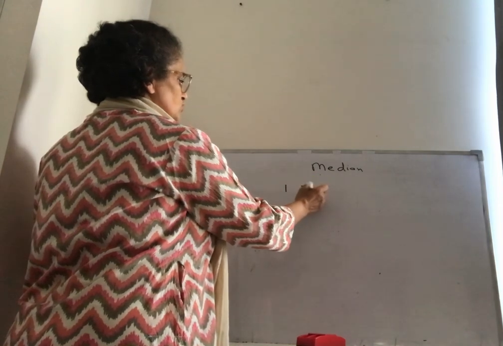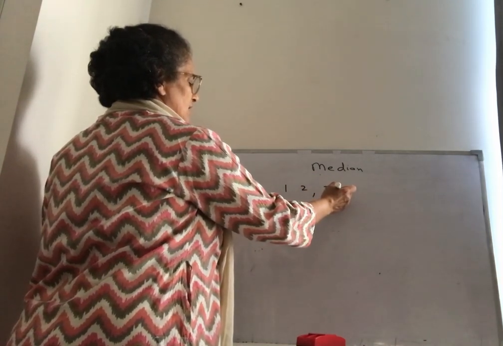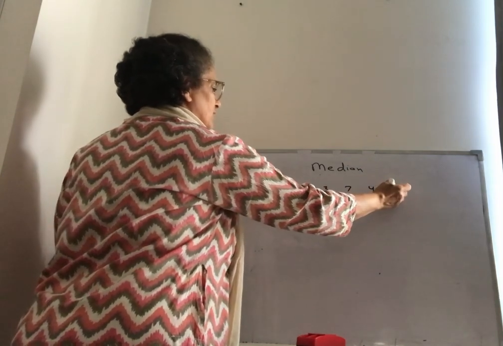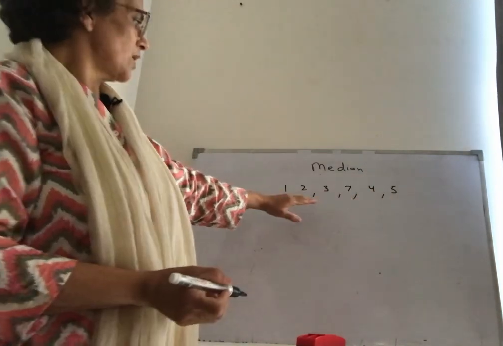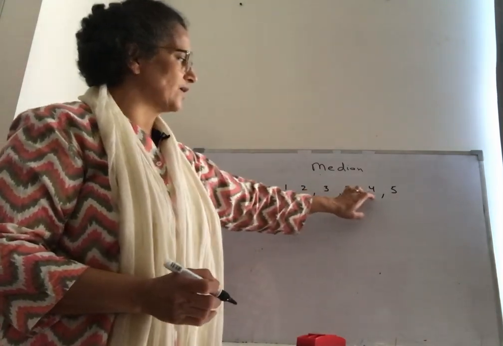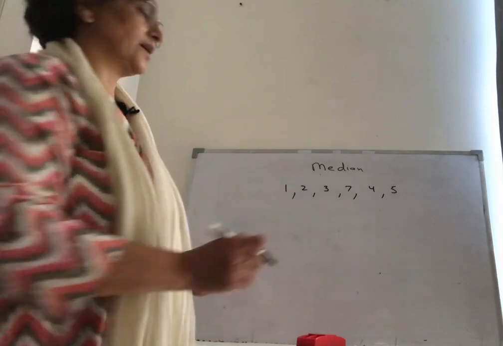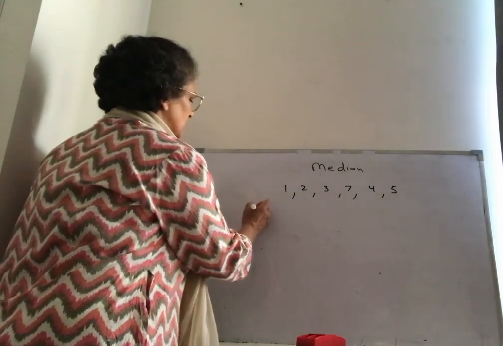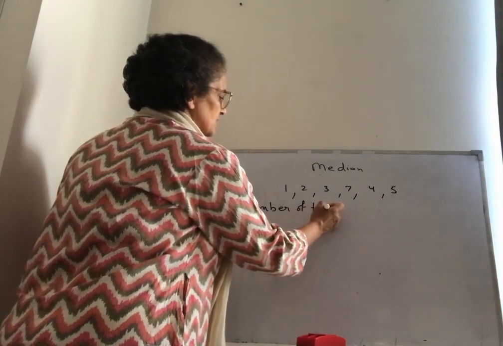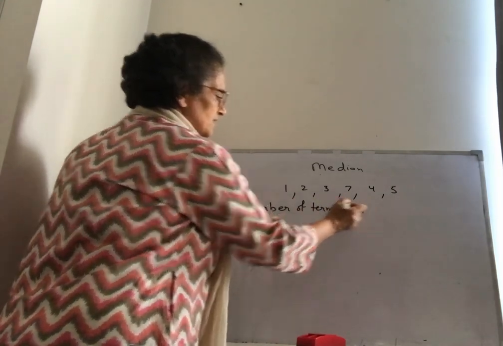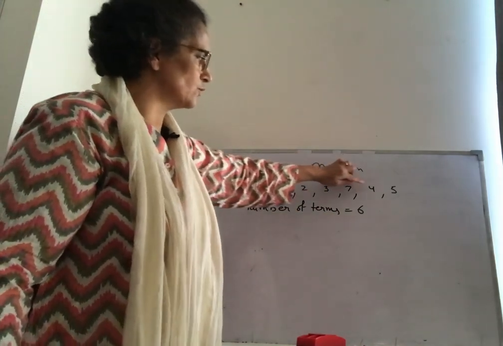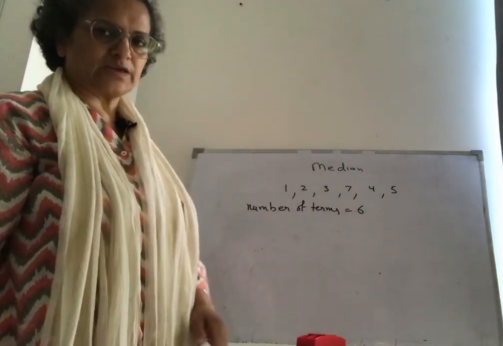Take 1, 2, 3, 7, 4, 5. How many terms are there? 1, 2, 3, 4, 5, 6 terms are there. So the number of terms is 6. I counted 1, 2, 3, 4, 5, 6, so this is an even number.